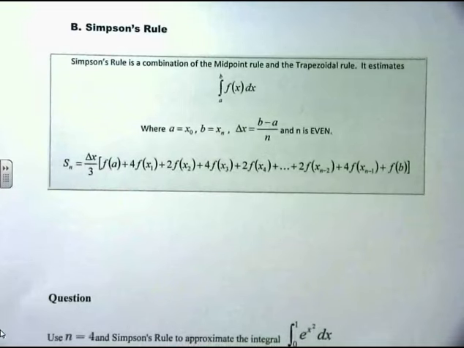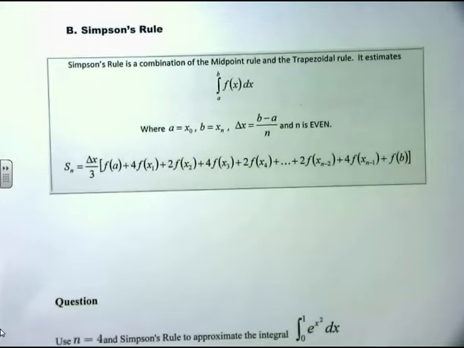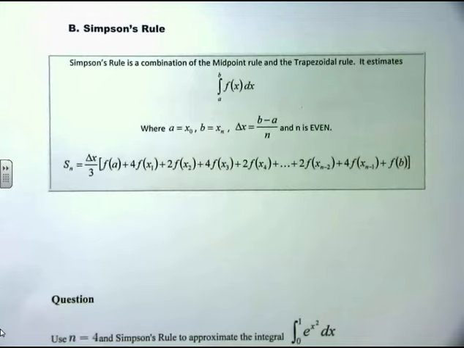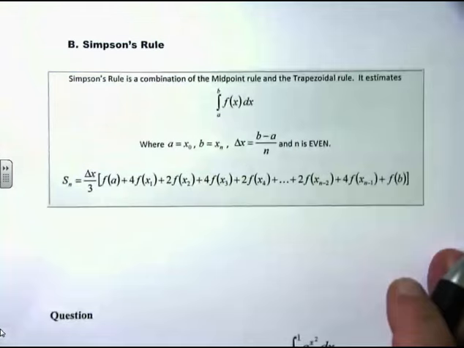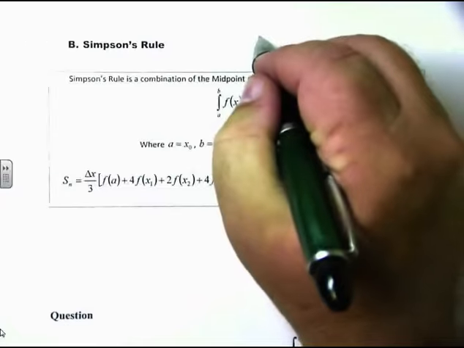Simpson's Rule is a combination of both the midpoint and the trapezoidal rule, because honestly, even when you look at the trapezoidal rule on certain problems, it's a good approximation, but the midpoint rule was actually a little bit better. So that's what they did to come up with Simpson's Rule. Now, Simpson's Rule is a formula, but here's how the formula was derived.